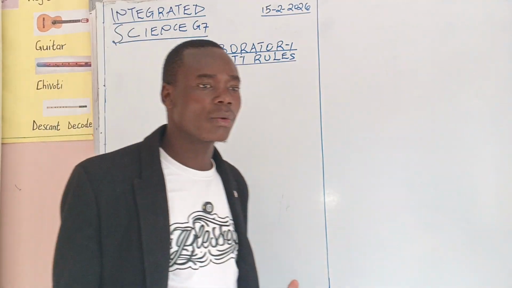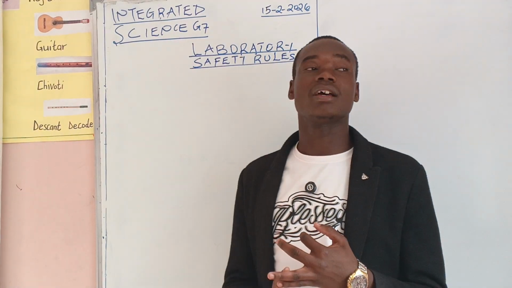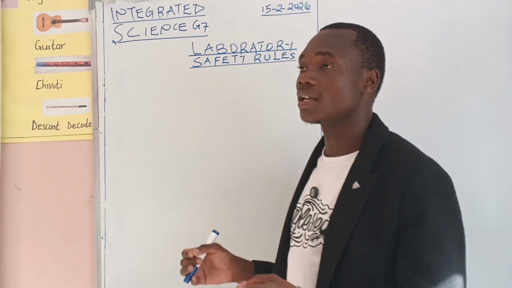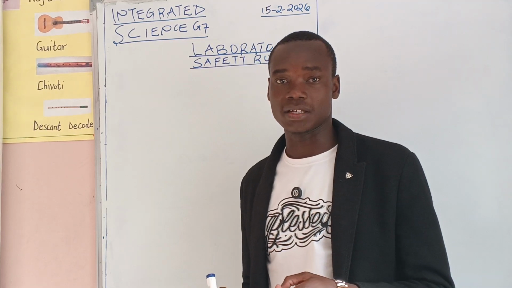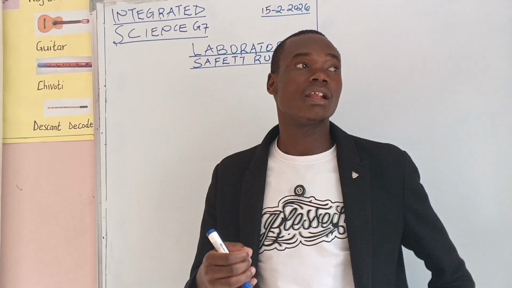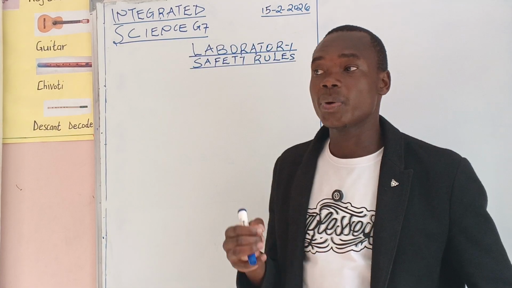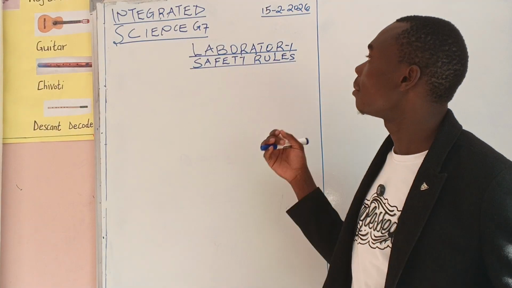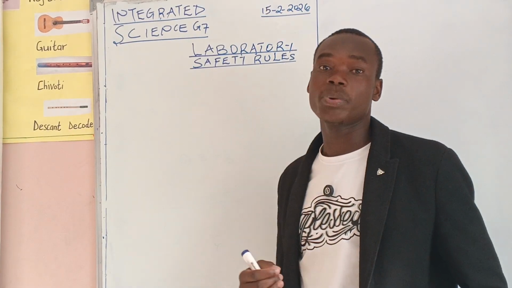Now, in the laboratory, we have apparatus and equipment. Those apparatus are the things that allow us to carry out our experiments. Some are glass in nature. You remember I talked about the hazards including the glass apparatus.